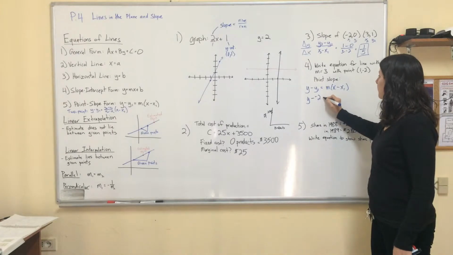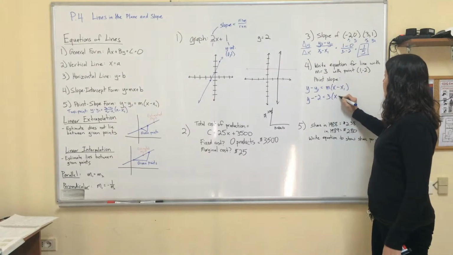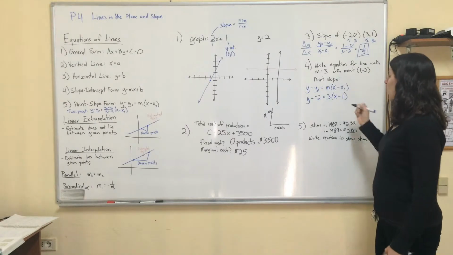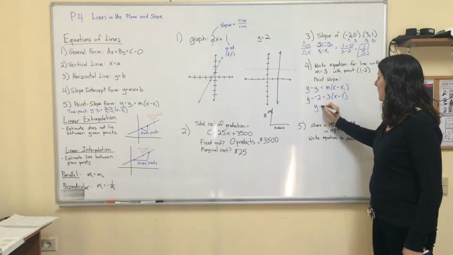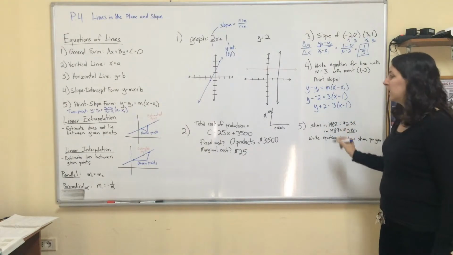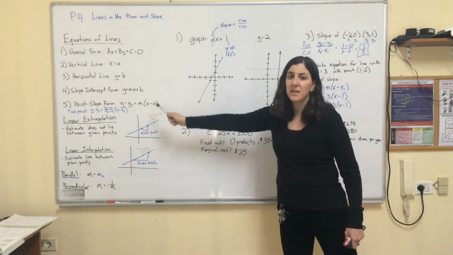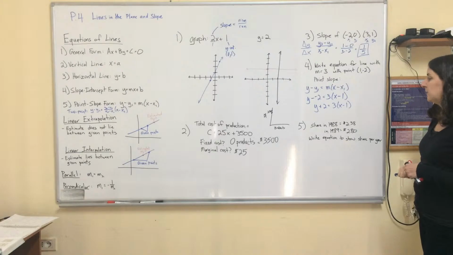Negative 2, equals the slope, that's given to you, 3 times x minus 1. So if we do this out differently, we have y plus 2 equals 3 times x minus 1. And that's going to be the point slope form of the equation.